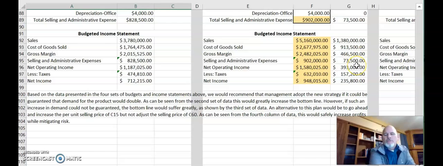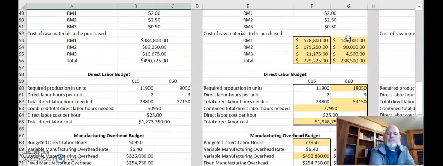The gross margin was almost $466,500. The selling and administration expenses went up. Of course, the taxes went up, and then our net income would be favorable over the original problem by almost $235,800. So that's a very aggressive approach to the problem.